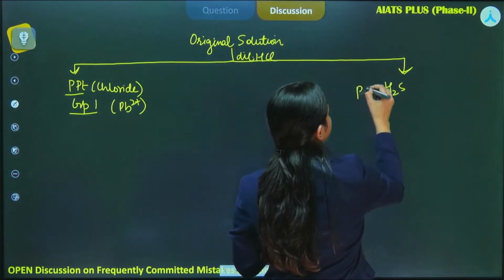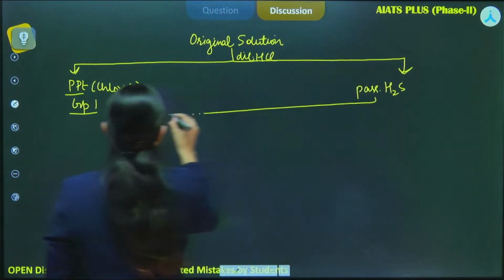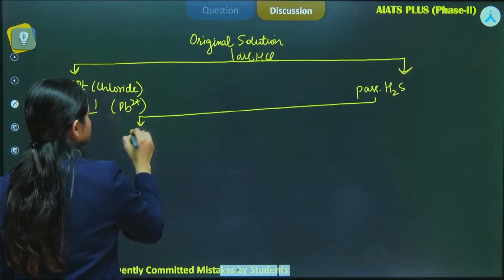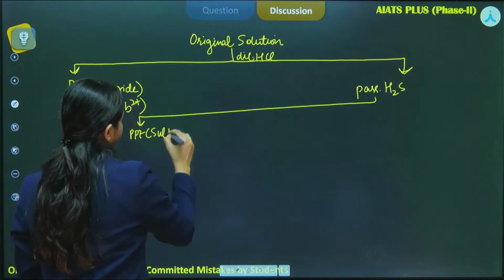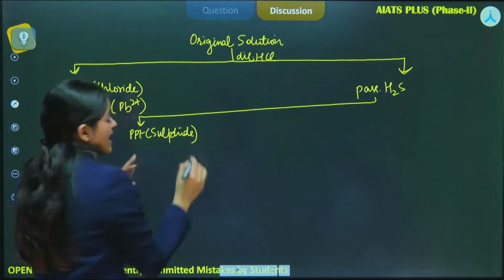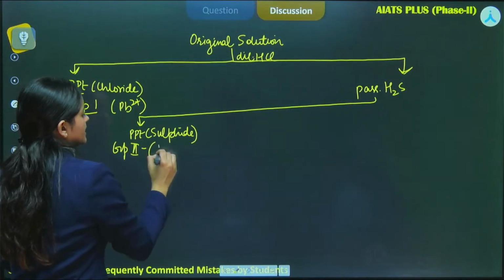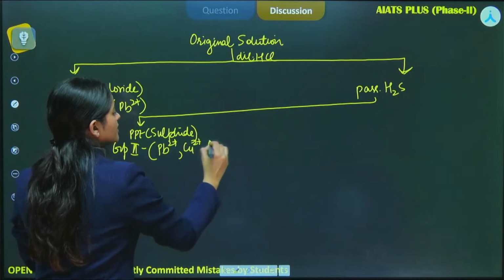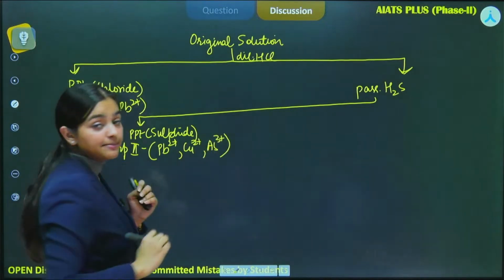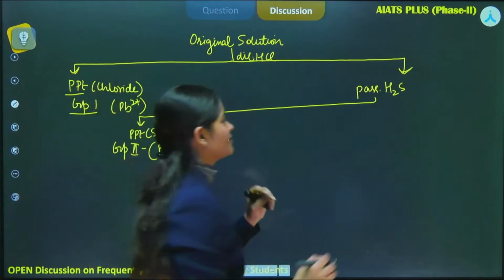We pass H2S. Now, if the PPT is formed, then the PPT will be of a sulfide, and it will become group 2, that is lead 2+, copper 2+, or arsenic 3+. In case the PPT is still not formed, then what do we do?